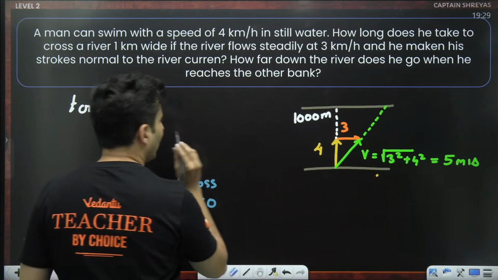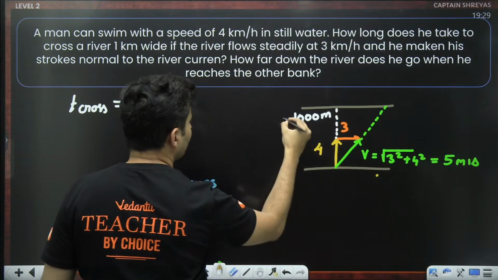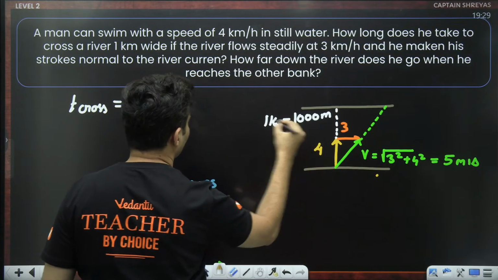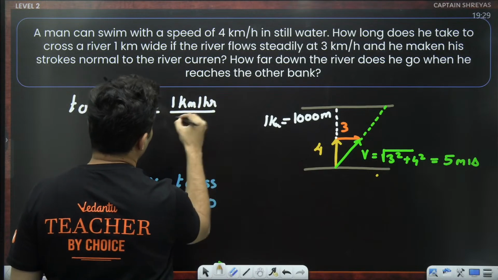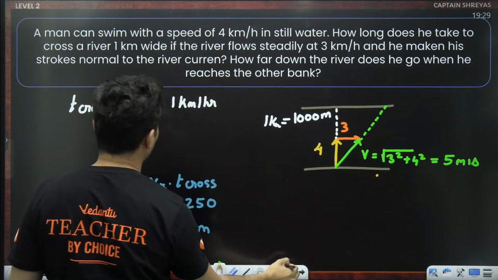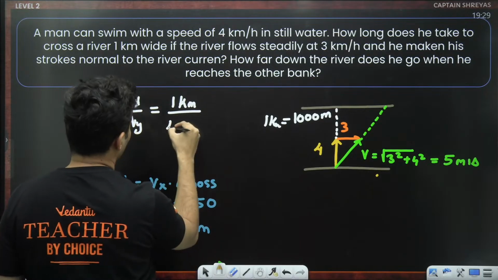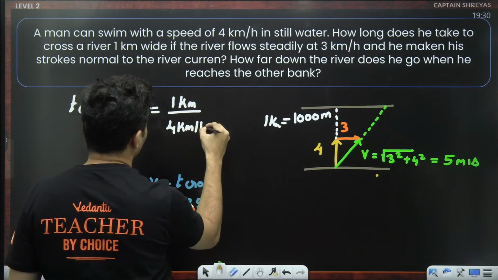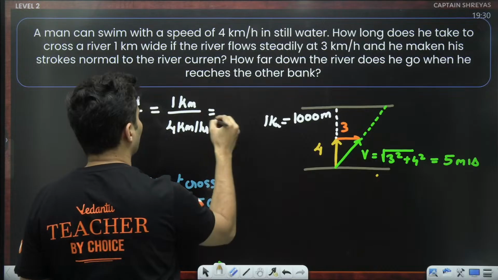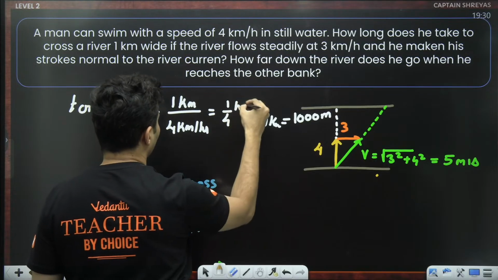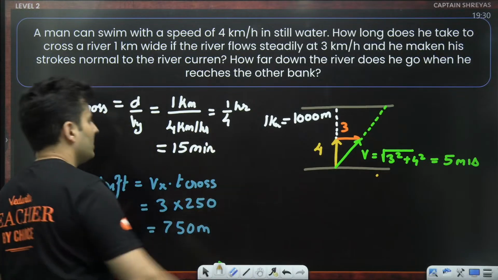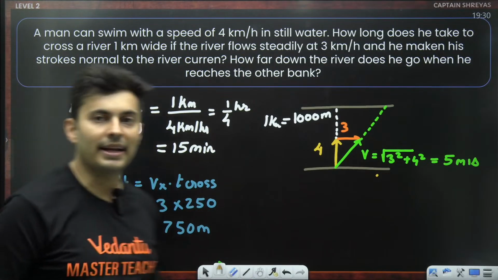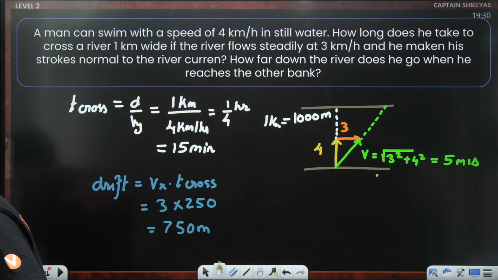So actually speaking, over here, this was 1 kilometer, and this was nothing but 4 kilometers per hour. So it will be 1/4 of an hour, which is basically 15 minutes. Yes, you are right. Correct. Thank you for putting it up.